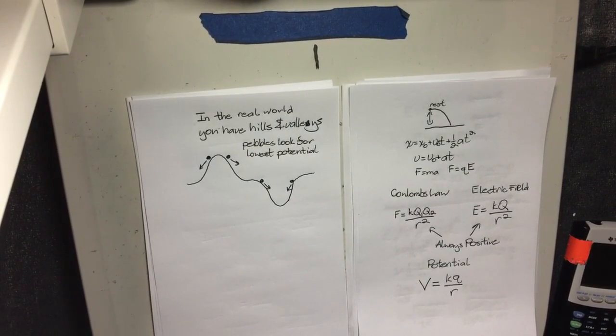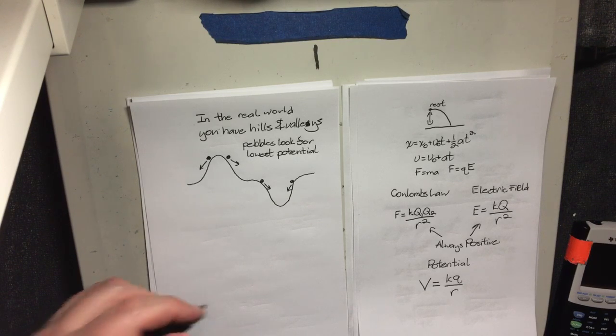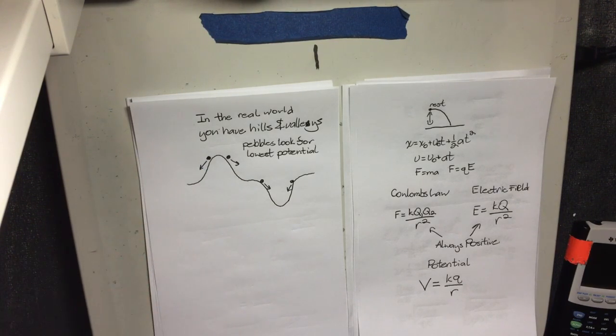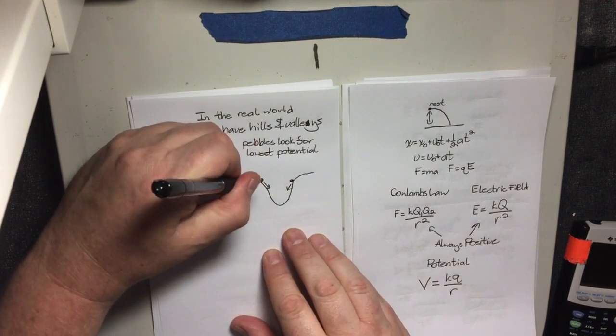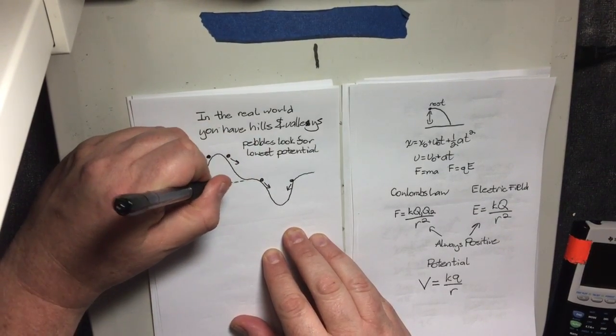So currently we're only thinking about potential in terms of gravity right now. With something like this, just as you need to have an origin for two-dimensional motion and stuff like that, you need to have a reference point.